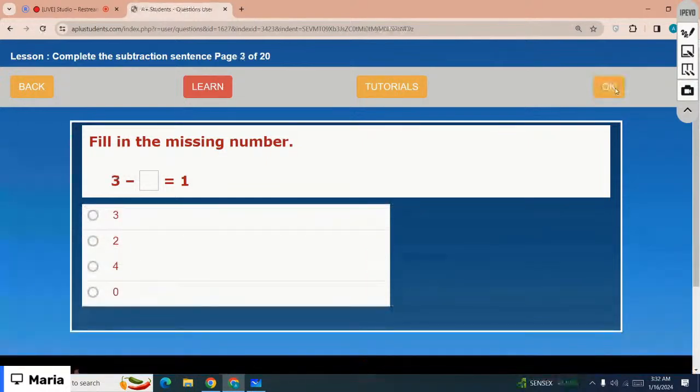Okay, the next one is 3 take away missing number equals 1. So which is the correct option?